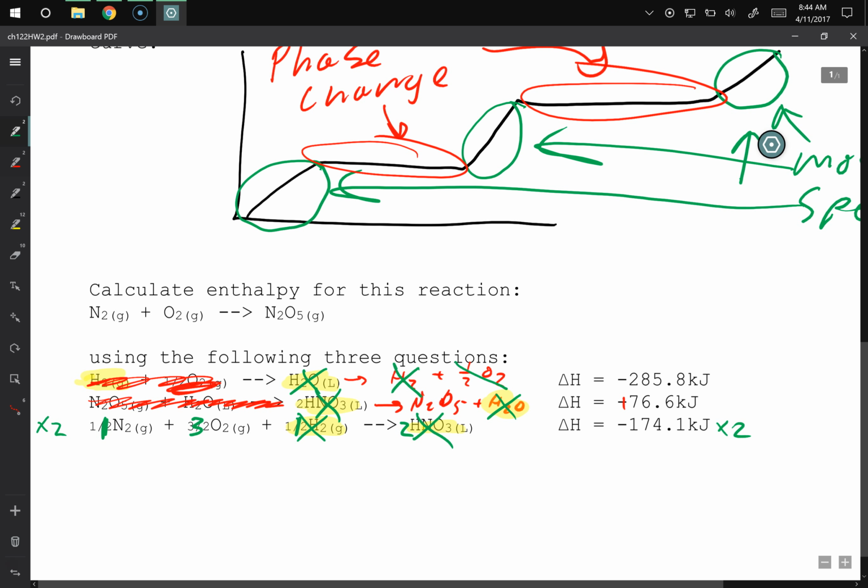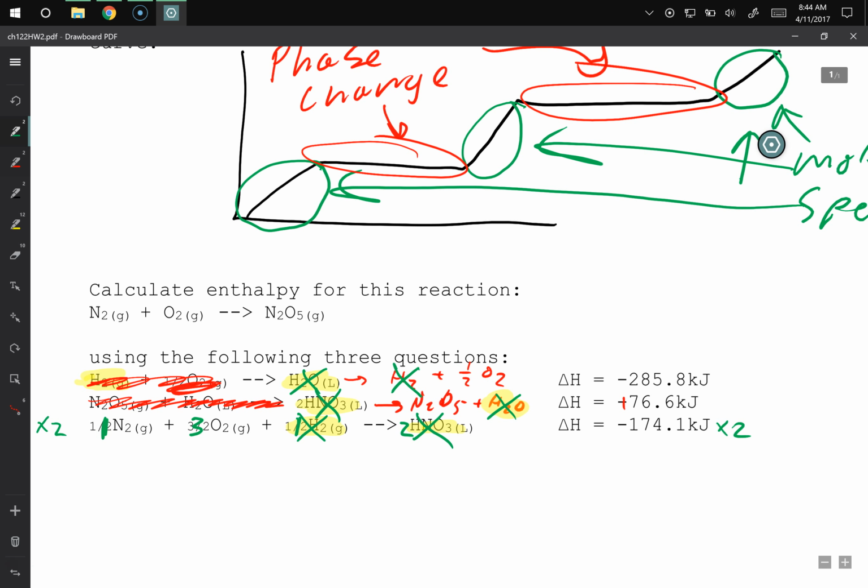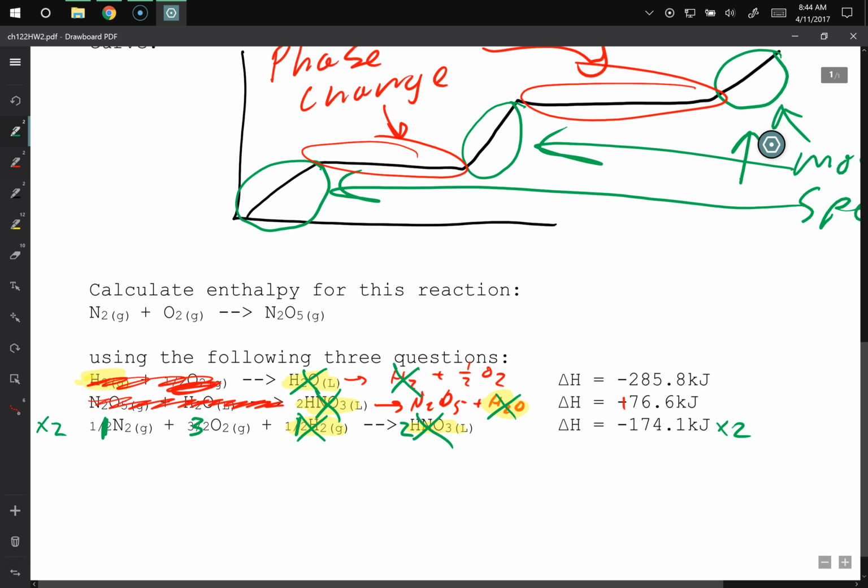All right, something's wrong. What's wrong? What have we messed up? What have I messed up? Right now, if we balance this thing out, that's what I want, and that's what I want, but I don't want this.